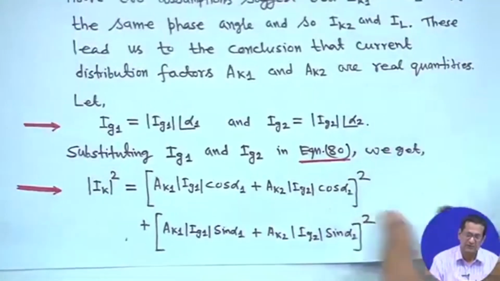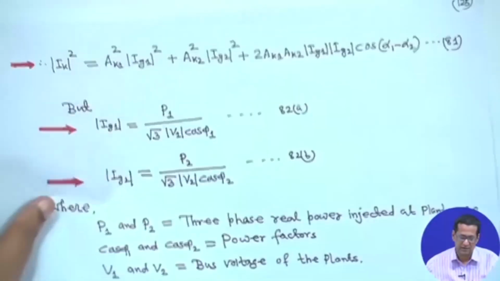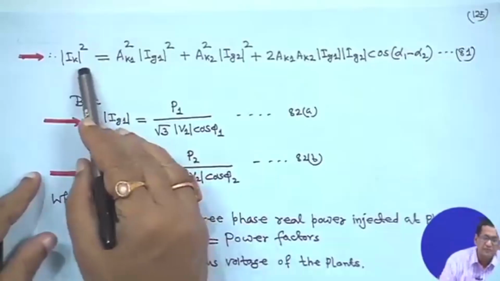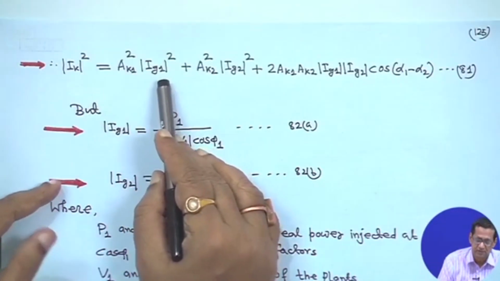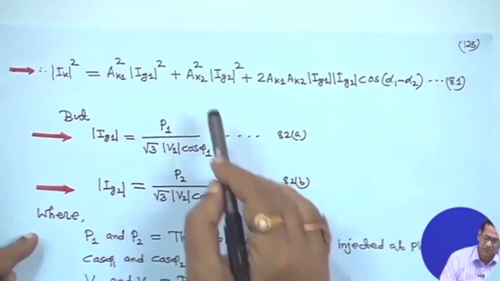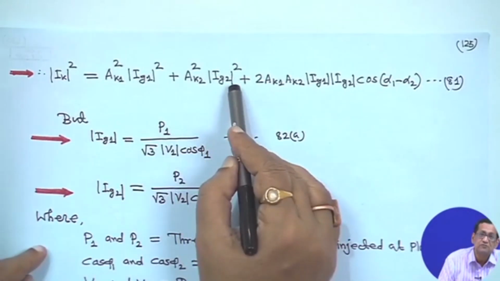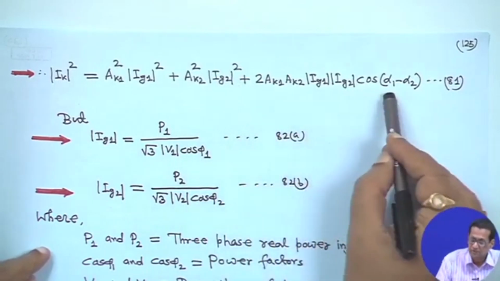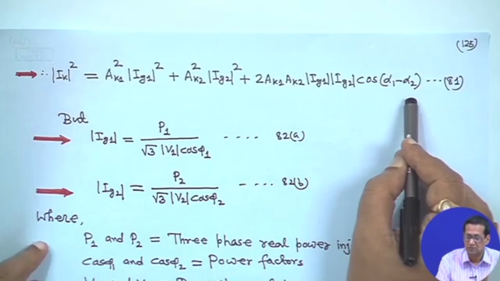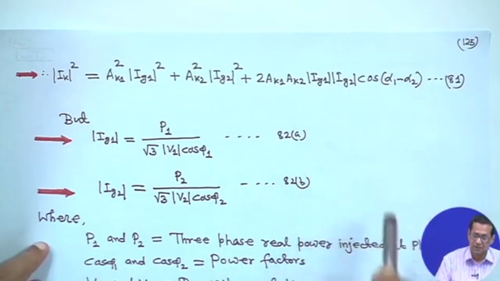You just expand and simplify, this is a simple thing. That means you will get mod I_k squared is equal to A_k1 squared |I_g1| squared plus A_k2 squared |I_g2| squared plus 2 A_k1 A_k2 |I_g1| |I_g2| cos(alpha 1 minus alpha 2). This is equation 81, right.